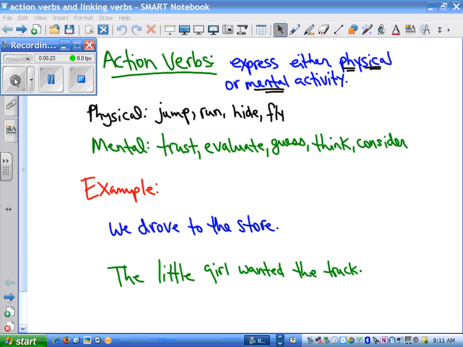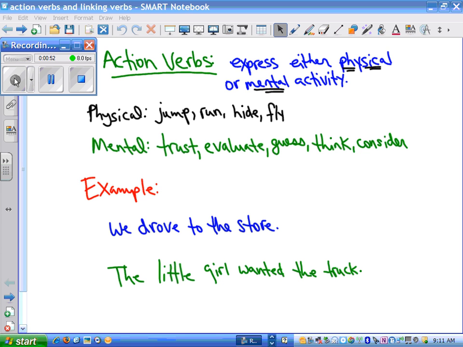Some examples: physical, jump, run, hide, fly, of course read and write. Those are all physical activities, and verbs help to show them. Mental activities, some examples: trust, evaluate, guess, think, consider.